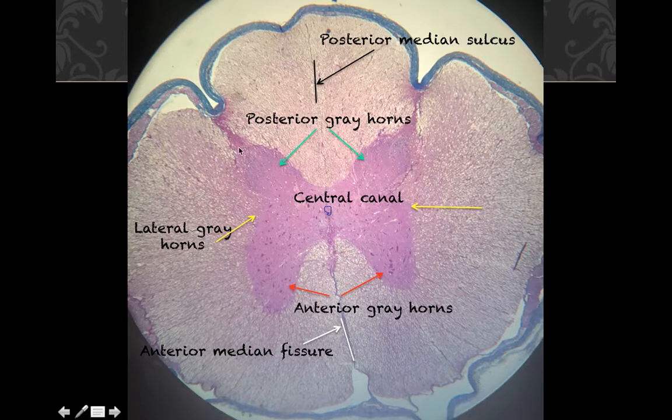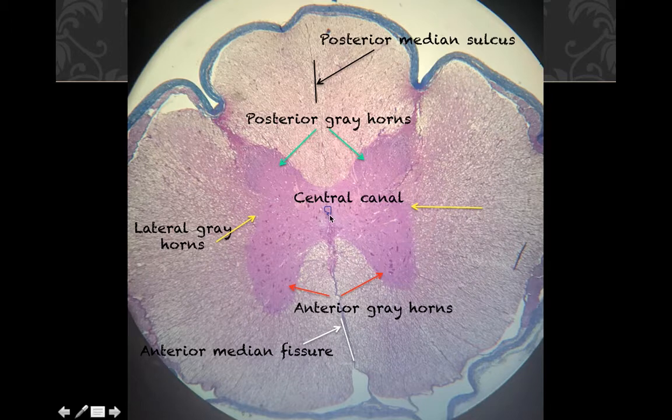The posterior gray horns contain cell bodies and dendrites of sensory neurons, and then the lateral horns contain motor information, but to the visceral organs. And then these anterior horns right here are for somatic muscle control. That's why they're so large, because you obviously have a lot of muscles, you need a lot of muscle control.